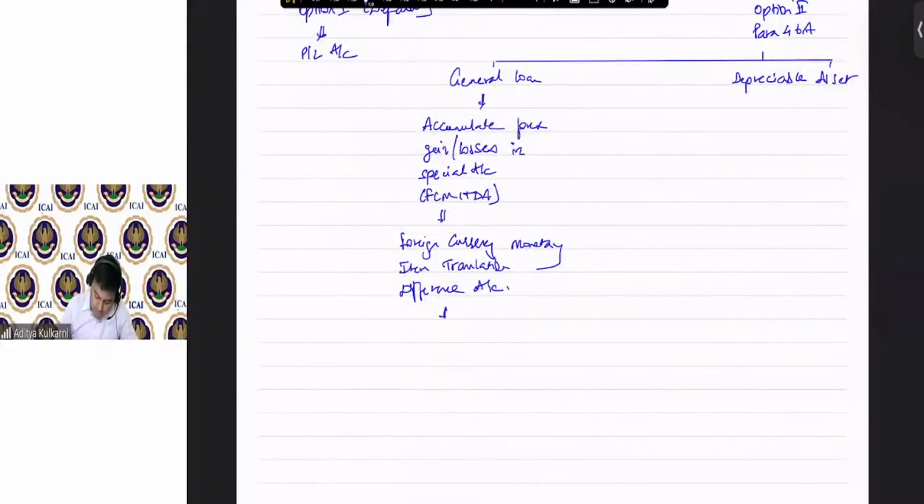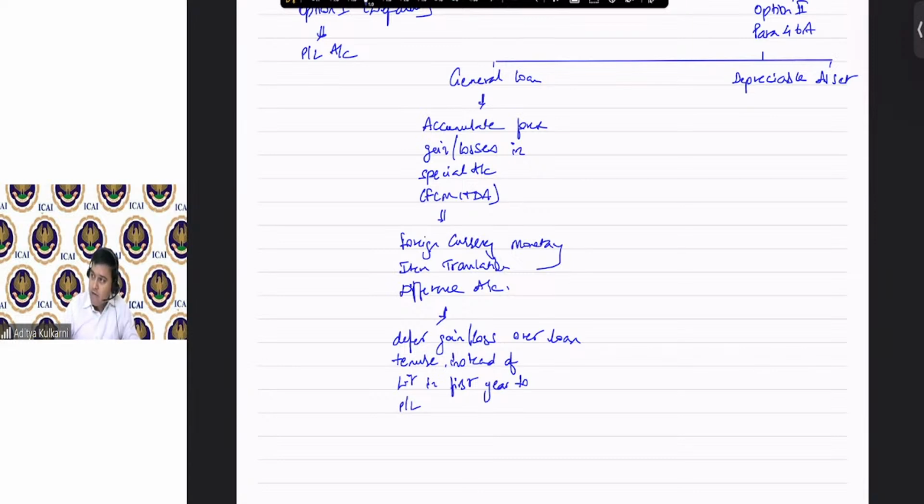Defer the gain or loss over the loan tenure instead of the hit in the first year to the P&L.